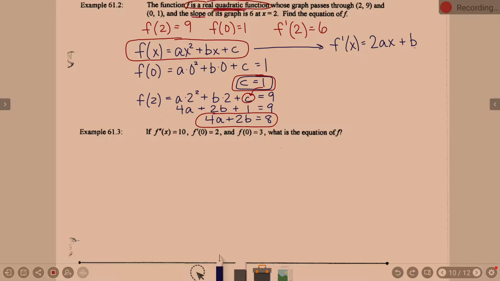What do we know about f prime of x? Plug in 2 and set equal to 6. So f prime of 2 is going to be 2a times 2 plus b, and that equation is going to equal 6. If I clean that up, I'm going to have 4a plus b equals 6.